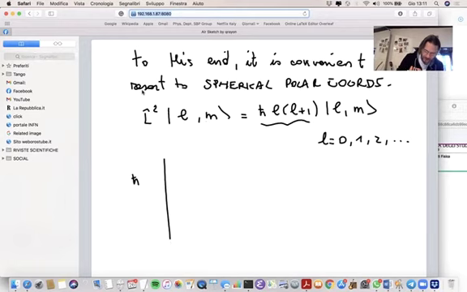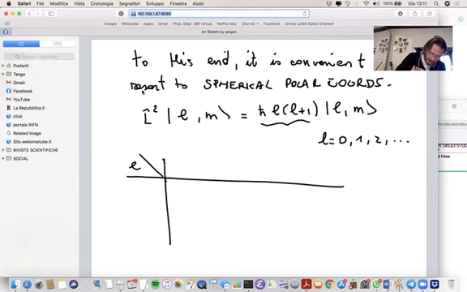So if I write here the values of L and the value of h bar squared L(L+1), I get 0 for L equal 0.